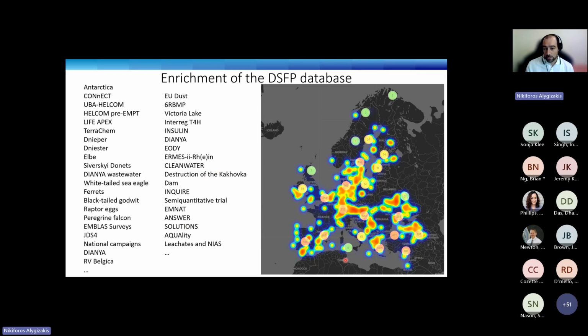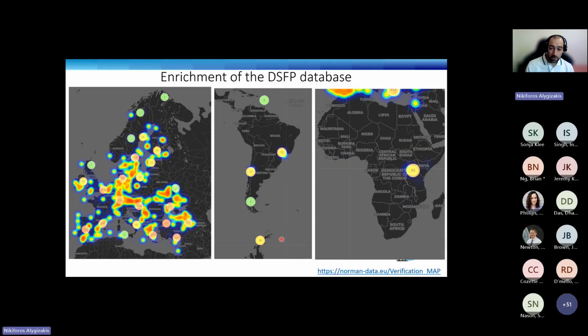And here you see the map. If we have a sample from a specific region, it is not blank anymore. So we have achieved a relatively good spatial distribution coverage from Europe. However, this is not valid for all the other continents. In Northern America, it is almost black.